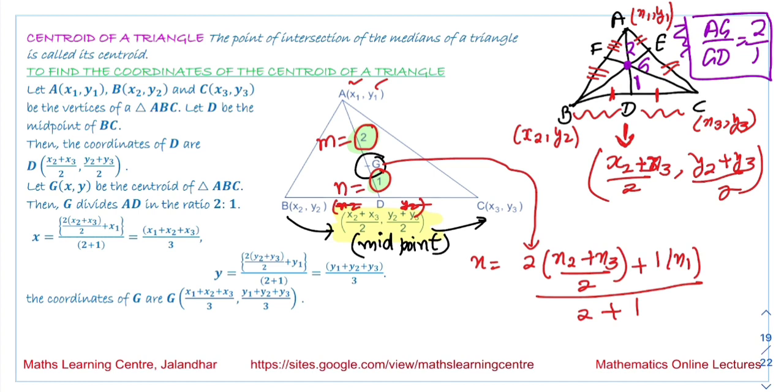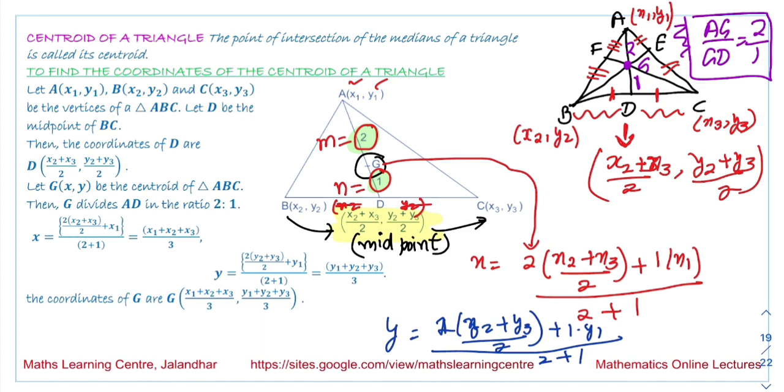And the y coordinate will be 2 into (y2 plus y3 by 2) plus 1 into y1, divided by 2 plus 1.